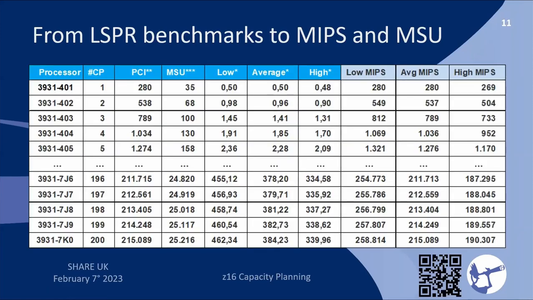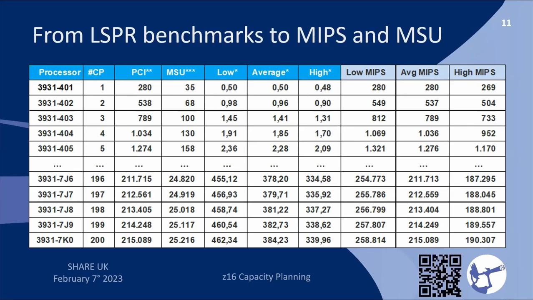Okay, this is an example taken from the LSPR benchmark that I told you. We see the first lines, then there are some dotted points, and then the last lines. The last lines are those that refer to the Z16. Again, the one thing that I always try to let people focus their attention on is the fact that when you look at the last line, and that's just an example, just really to say what I point out in these few statements.